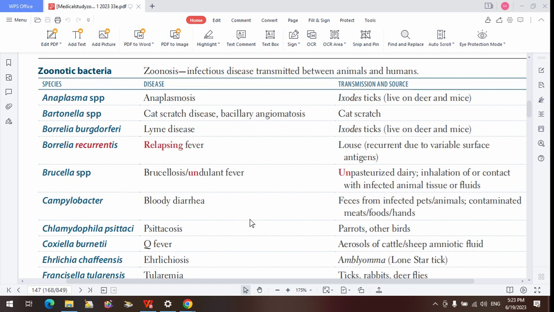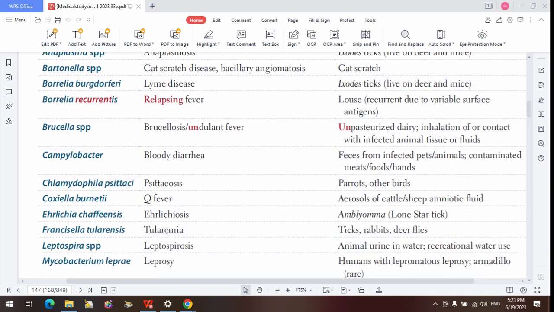So you can get them from unpasteurized milk, contaminated food, and also infected animals. Feces from infected animals is very, very important for Campylobacter jejuni.